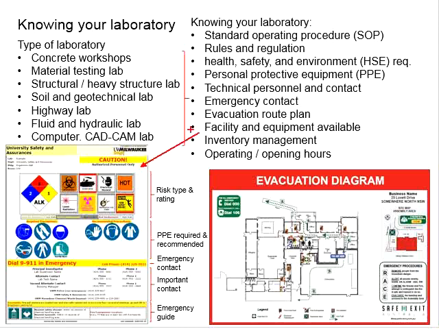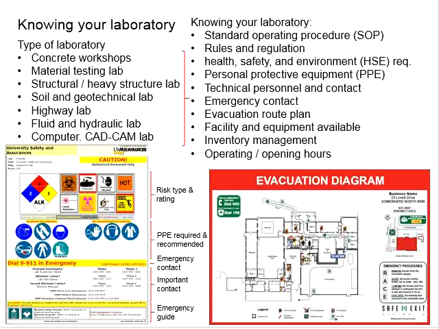This is another example, providing you necessary information in terms of the type of risk and its respective rating, recommending the PPE required, giving you emergency contacts, as well as other important contacts, and also some emergency guidelines. Don't just ignore that. Carefully read through every single one of them.